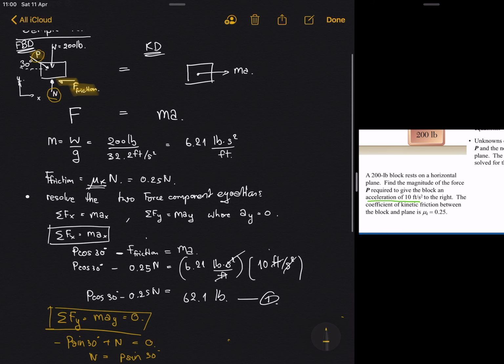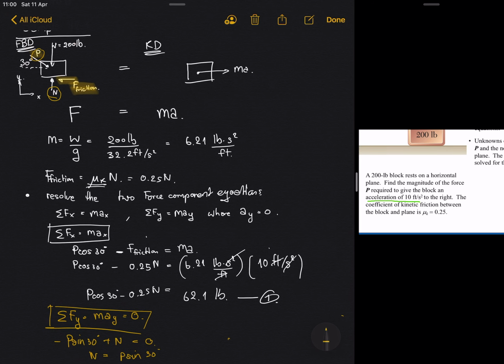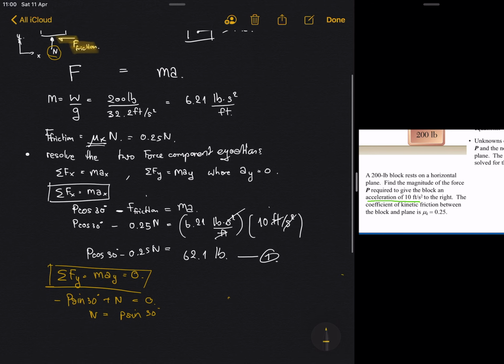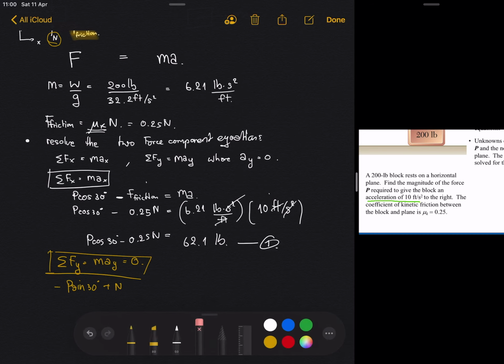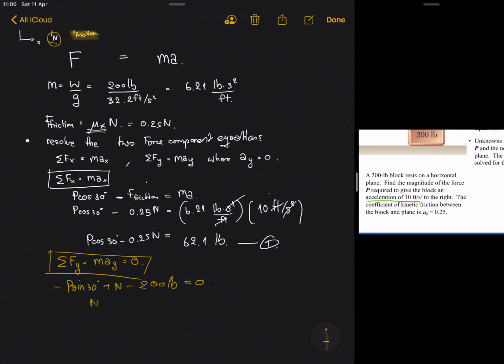Forget this one, sorry. So we also have this wedge, 200 pound wedge here. So let me erase this. Minus 200 pound equal to 0. So in the end we have N equal to P sine 30 plus 200 pound, and then you can just put this equation 2 into 1.